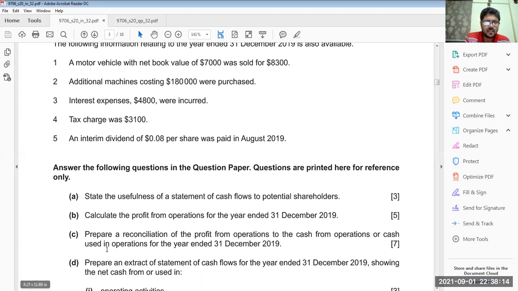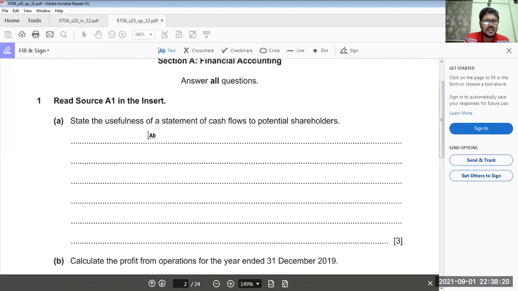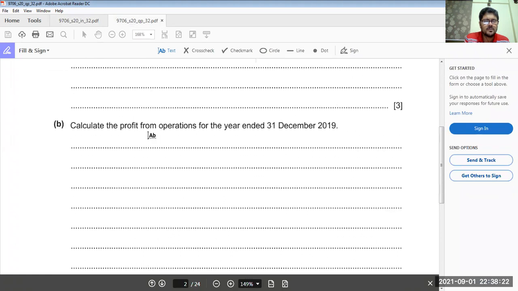Now, calculate the profit from operations for the year ended 31st December 2019. This is required B. So what we have to do, we have to start over here with profit from operations.